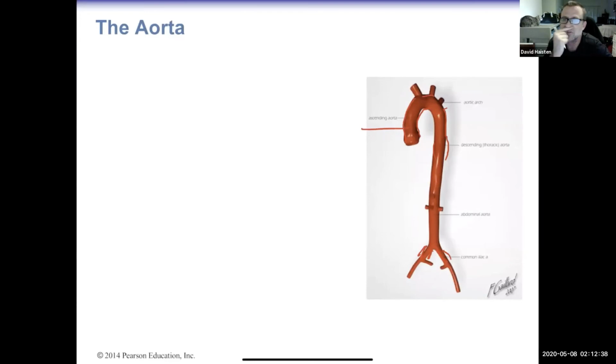They consist of a right and a left. Name those arteries. Right and left coronary arteries. Right and left coronary arteries come straight out of the ascending aorta.